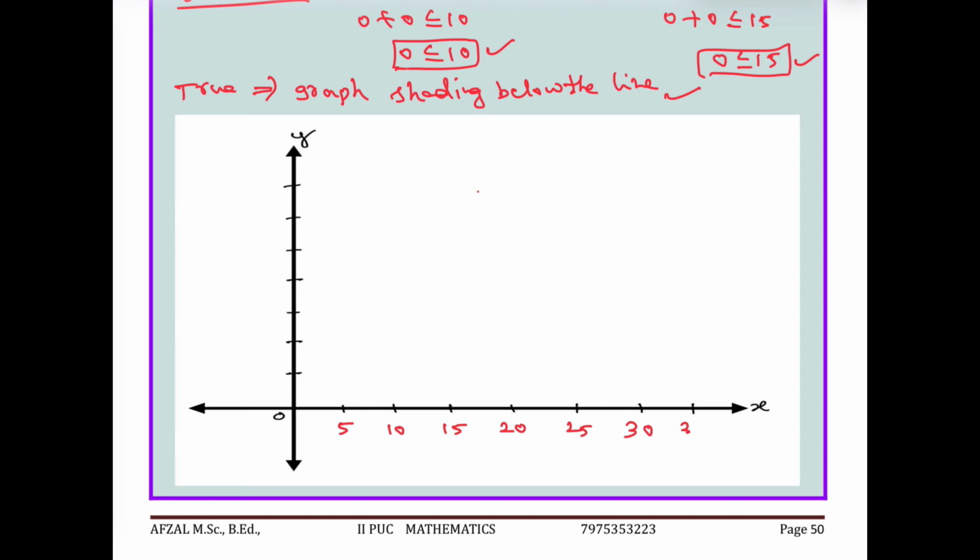Next, part C, 3 marks questions. Show that the relation in the set of real numbers defined as (a, b) such that a is less than or equal to b is reflexive and transitive but not symmetric.